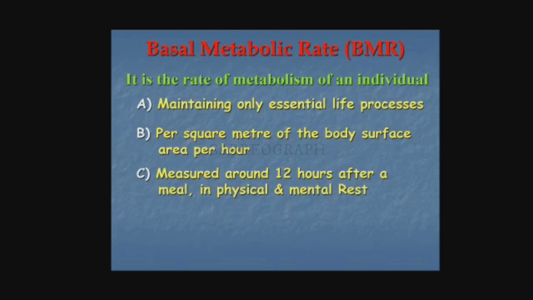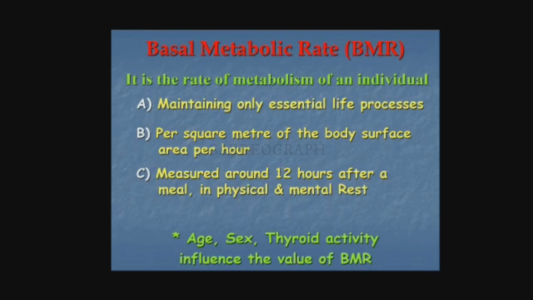It is calculated per square meter of body surface area per hour, and it is measured around 12 hours after a meal, when the body is at physical as well as mental rest. The value of BMR is influenced by age, sex and thyroid activities.